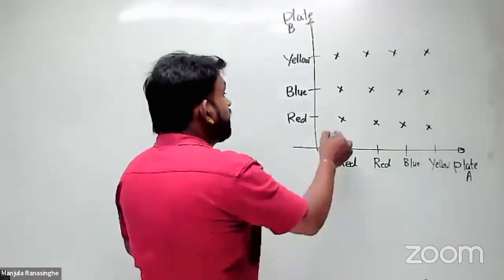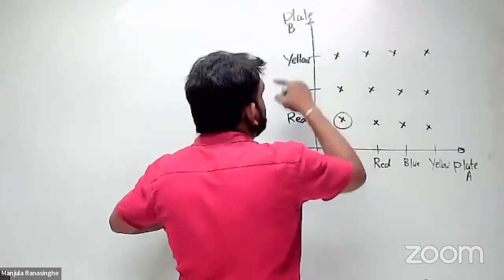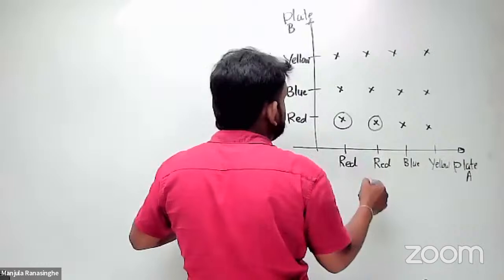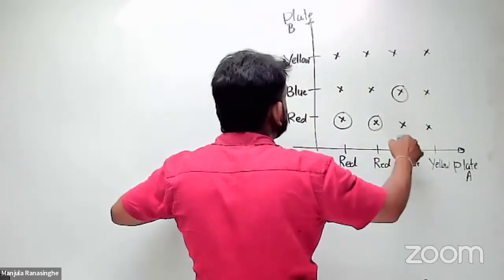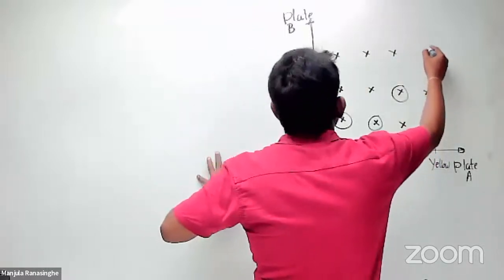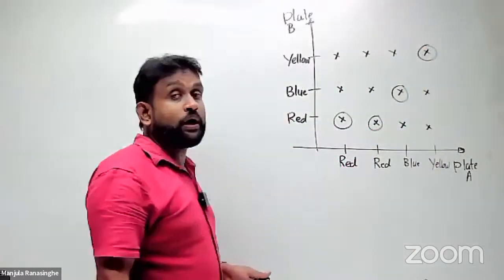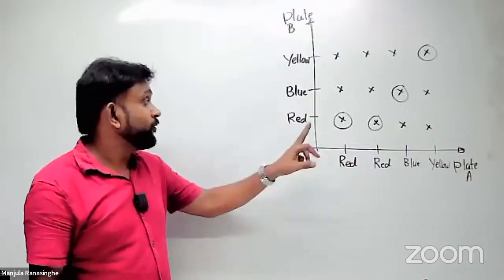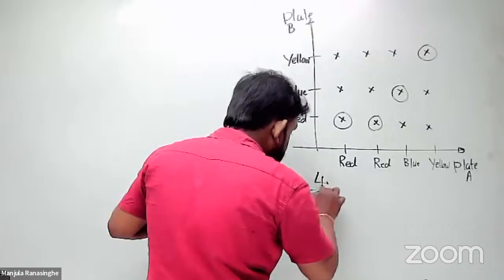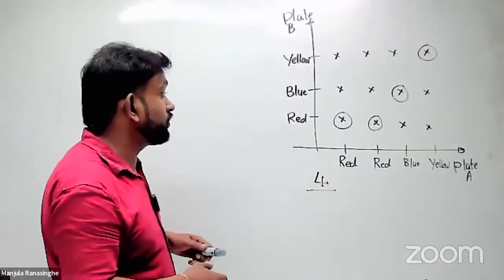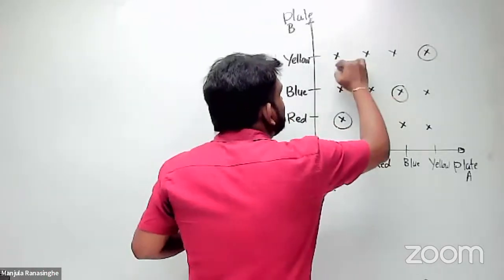Same color: red, red. Then red, blue, red, yellow cannot. Red, red, okay, that is fine. Then blue, blue, fine. Then yellow, yellow, fine. So how many events are there here? 1, 2, 3, 4 events are there. 4 upon the total events. How many total events here? 4, 8, 12.